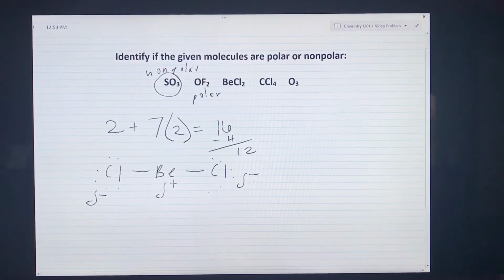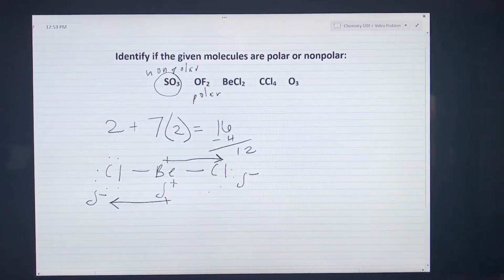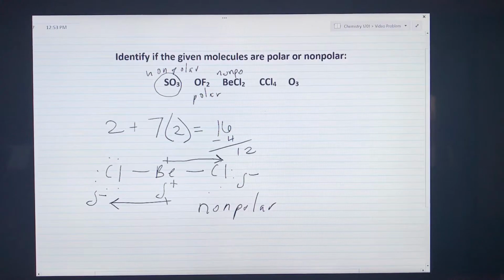So therefore, the dipoles would be pointing towards the more negative atom. Due to this, each dipole cancels out. Therefore, there is no net dipole, and therefore it is non-polar. So BeCl2 is non-polar.